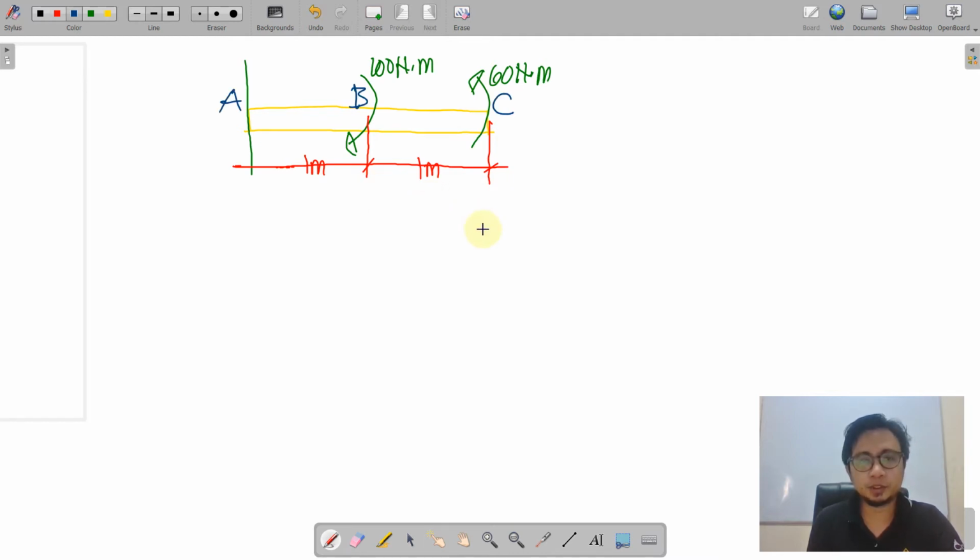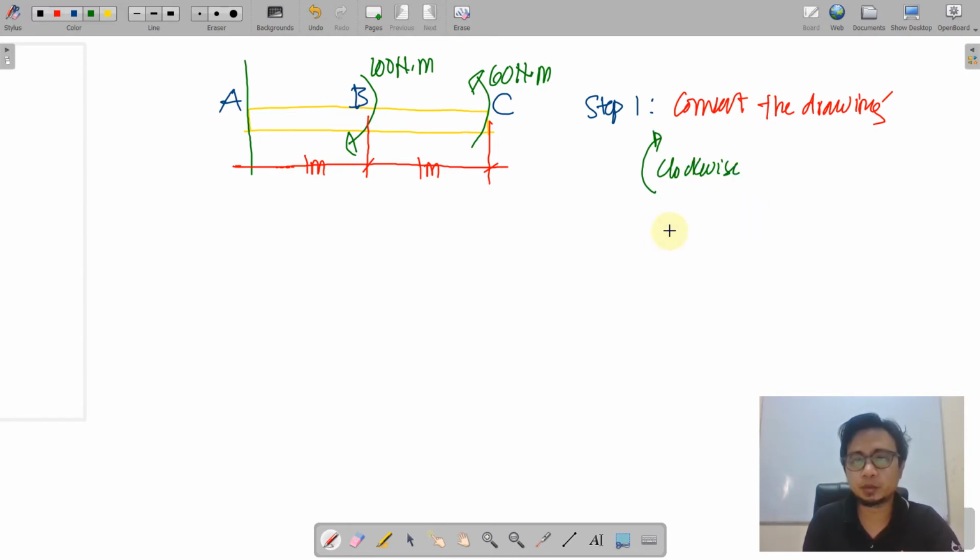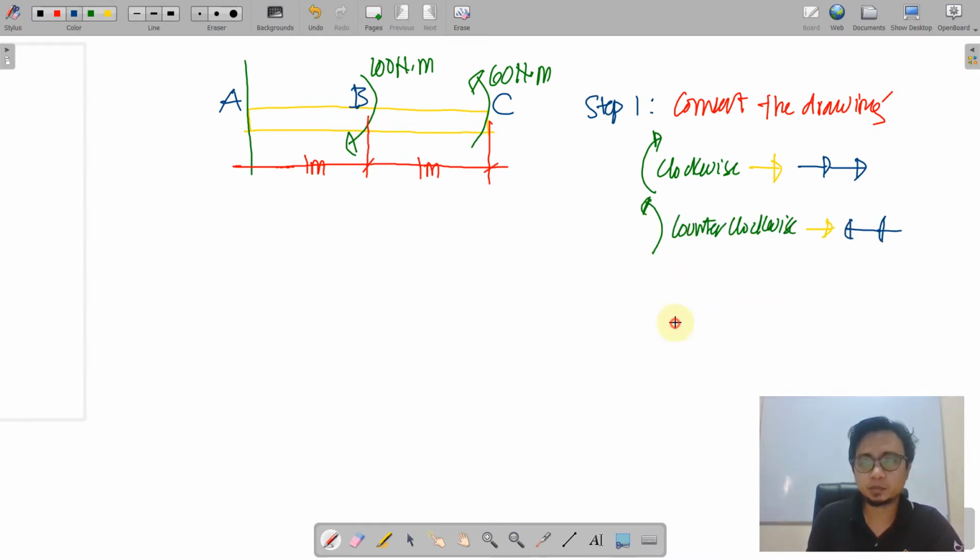So as the first step, we are going to convert the drawing, where if we have a clockwise rotation, we indicate that by a double arrowhead towards right. And if we have a counterclockwise, we indicate that by a double arrowhead towards left.